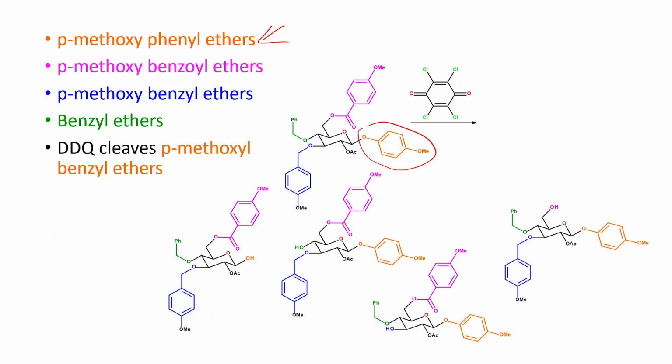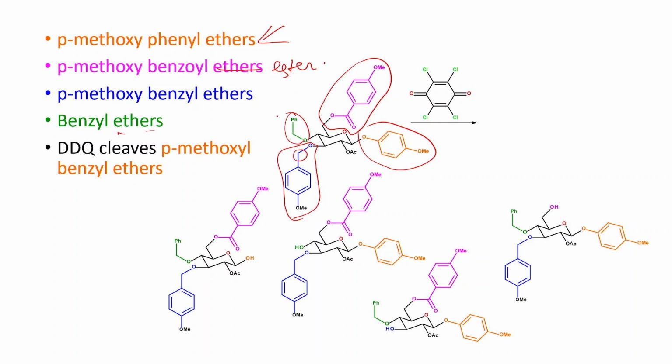Here this is an ester, the paramethoxybenzoyl ester. The third one is the paramethoxybenzyl ether. Here we have another extra carbon that is present, and the last one is the simple benzyl ether.